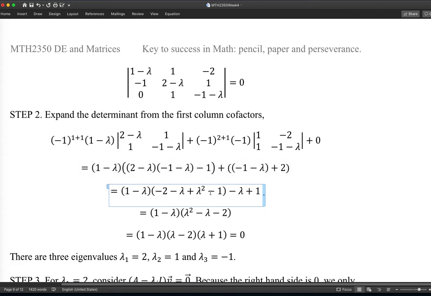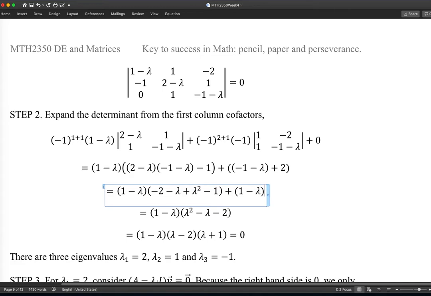Still there's -1 in the end. There are 4 terms. In the second pair of parentheses, -1 plus 2, that's 1. It might be better if I write this as 1 plus, putting this +1 in the front. Put 1 minus lambda.